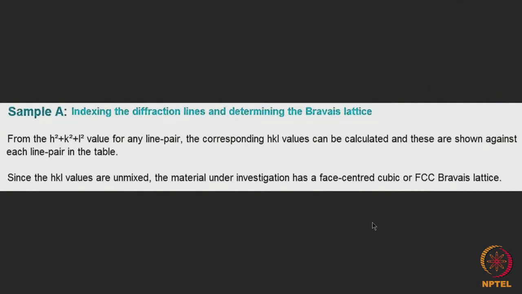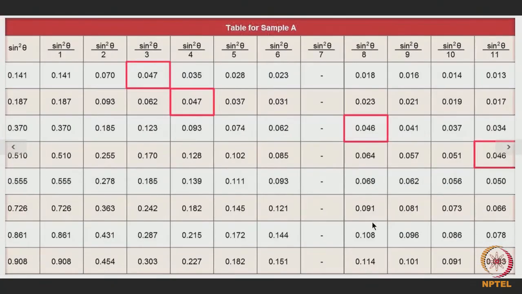So, if we know the value of h square plus k square plus l square for any line pair, we can easily write down the h, k, l values for those lines. Say, for example, here for line number 1, this 3 is the value of the corresponding h square plus k square plus l square.